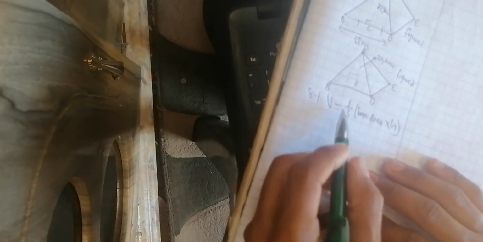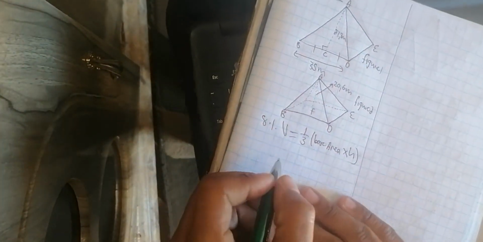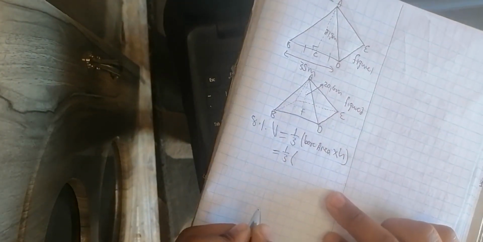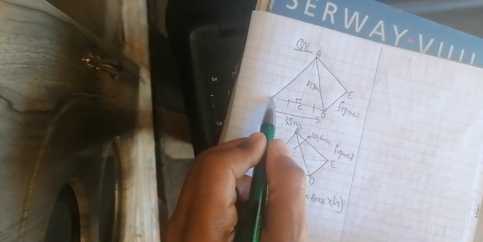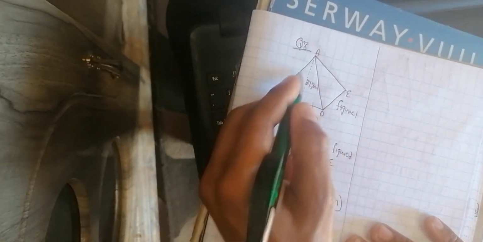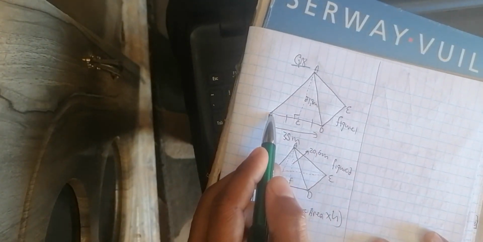We are speaking about figure 2, and they said figure 1 and figure 2 are illustrations of the same pyramid. Right, now let's check the volume there. 1/3 the area of the base. Now this would be the base where it sits on, and I can see that this is a triangle.